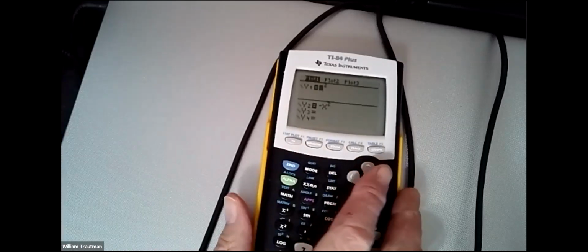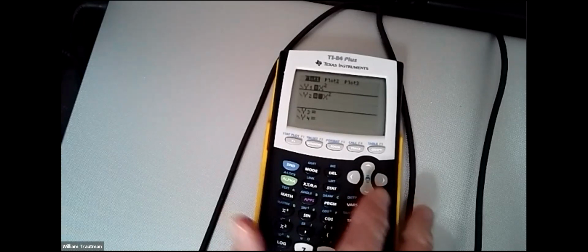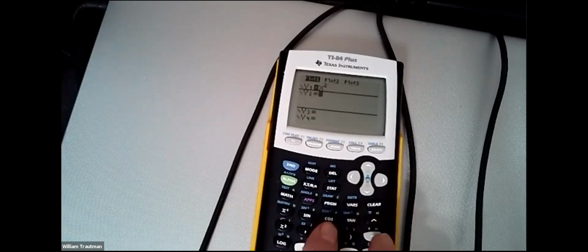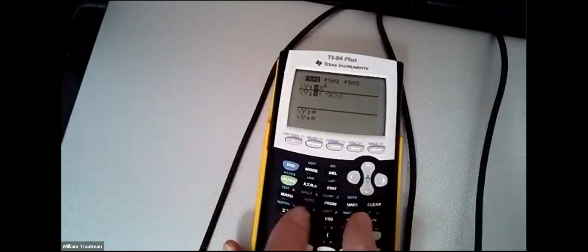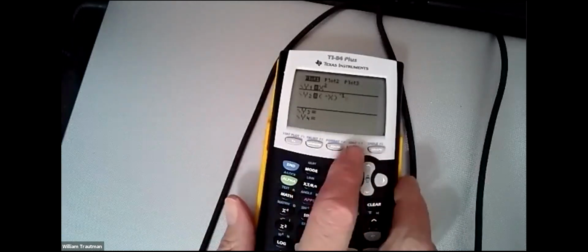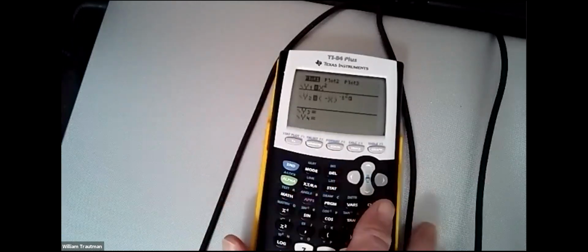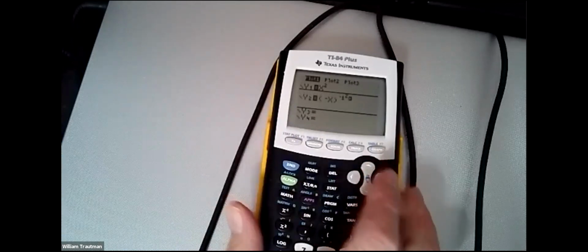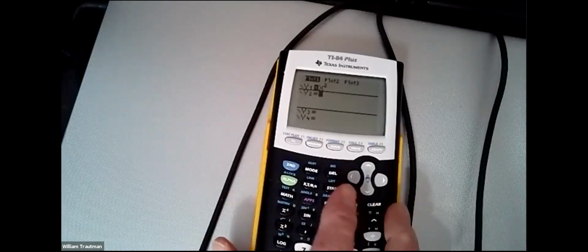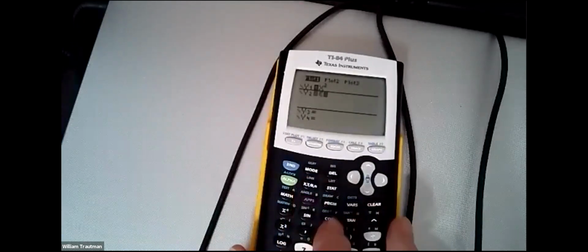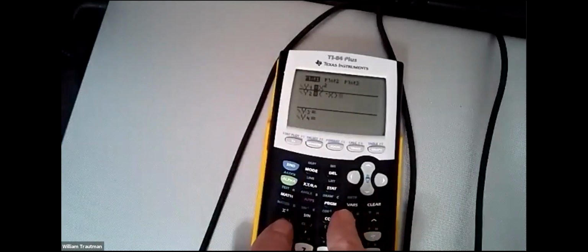So here's the original. I'm going to clear this and put parentheses, negative x on the inside, x squared. That didn't work. Parentheses, negative x squared.